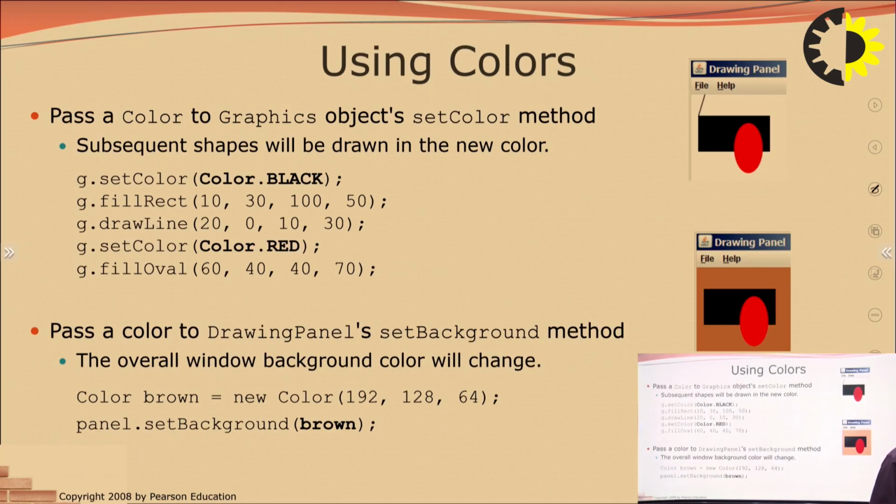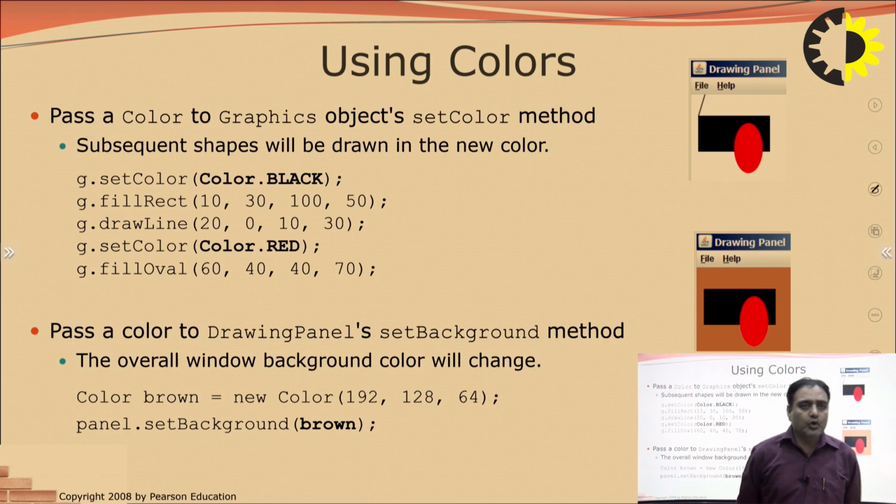Using colors, pass a color to the graphics object's setColor method. Here you can set that the particular oval, or the rectangle shape, is to be black, through the setColor method: Color.BLACK, and Color.RED.